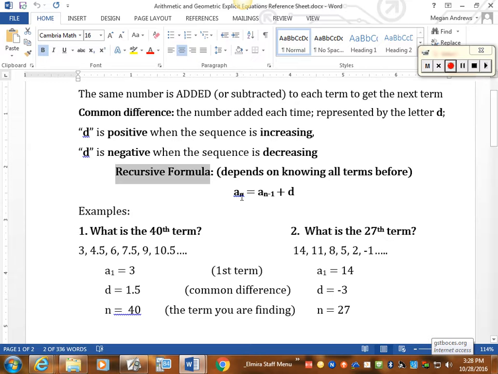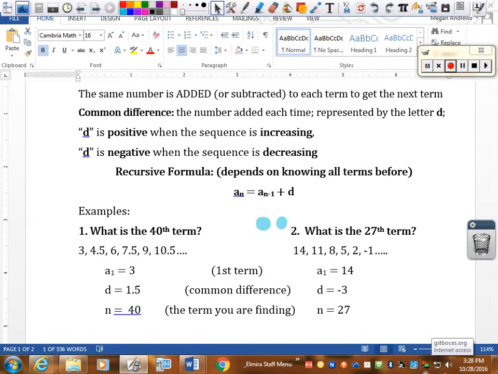What this literally means is, let me switch so I can write. Let's make this a little bigger.